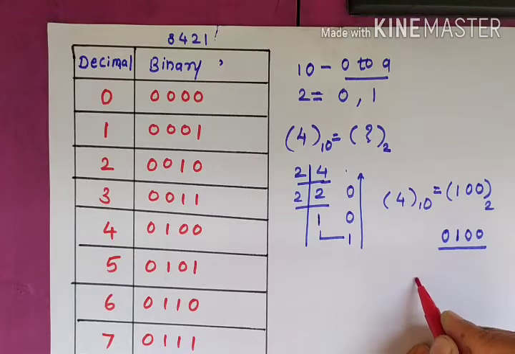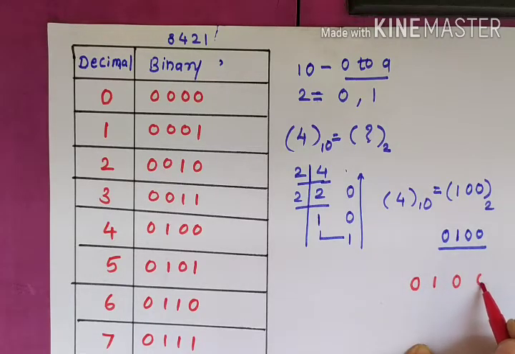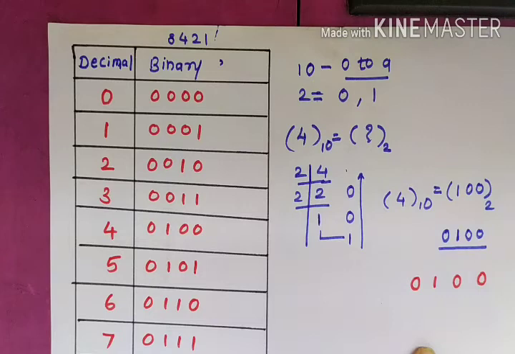if this answer is correct or not, then write this 0 1 0 0, and we know that conversion of this given binary number into decimal will be 2 raised to 0, 2 raised to 1, 2 raised to 2, 2 raised to 3.